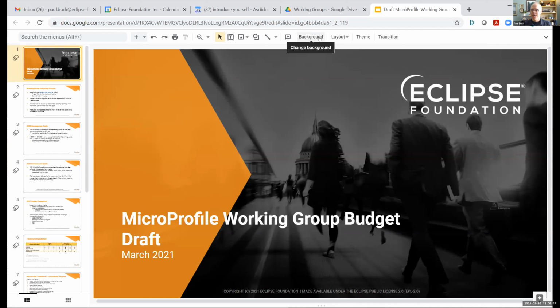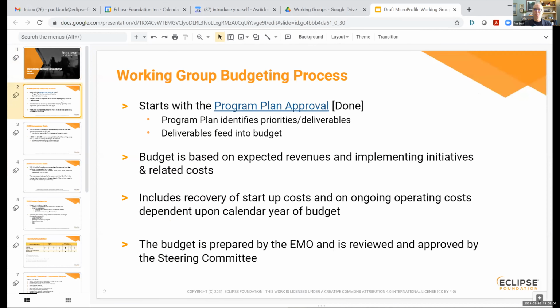This is hot on the heels of your approved program plan. And so the budget naturally interlocks with the program plan, especially the approved program plan. So that one is done. And was there a tally for the vote on that one? Full vote.